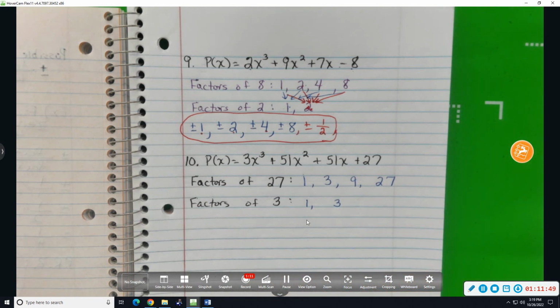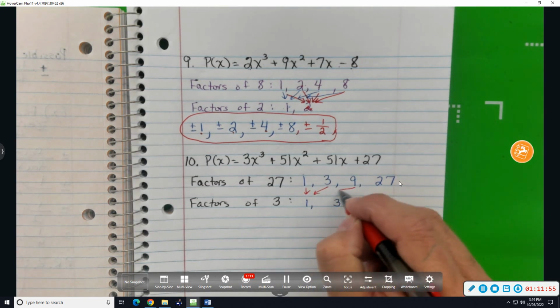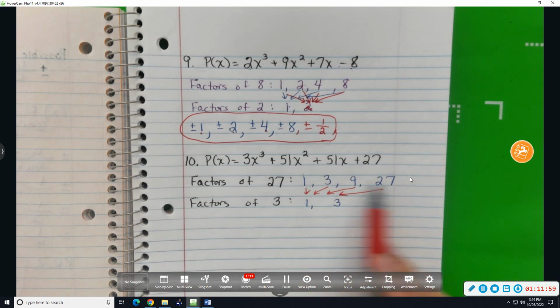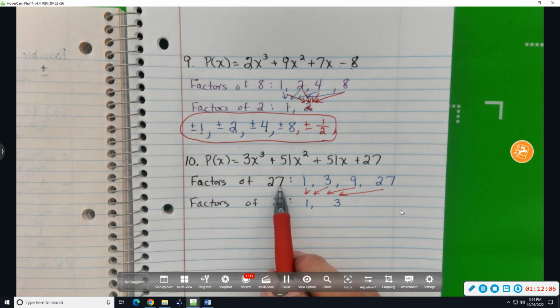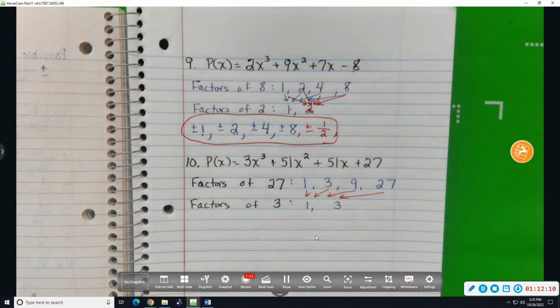And so you take all of these numbers here on top, you put them over 1, and then you take all those numbers on top and put them over 3. Now make sure that you're starting with the constant term. If you reversed it, then that's going to give you one of the wrong answers.